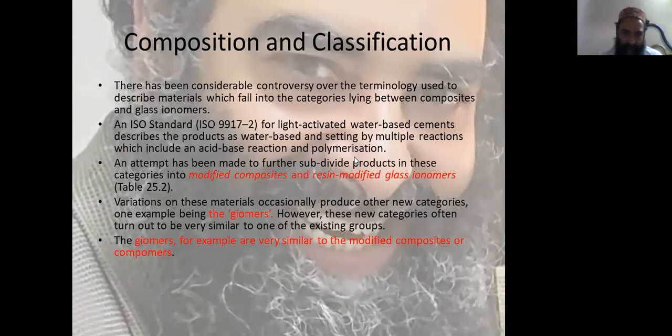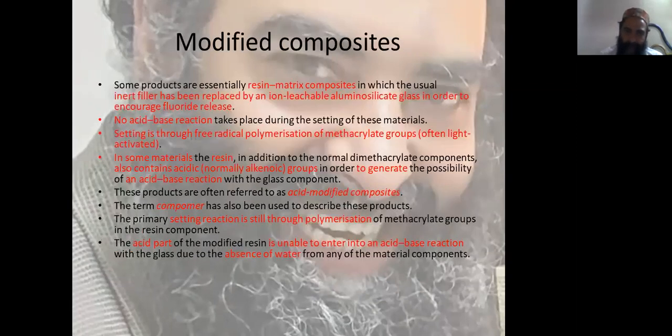These new categories often turn out to be very similar to one of the existing groups. Giomers are very similar to the modified composites or compomers.